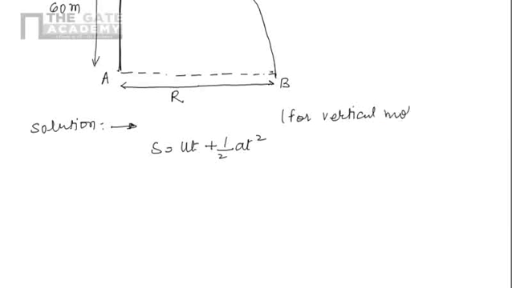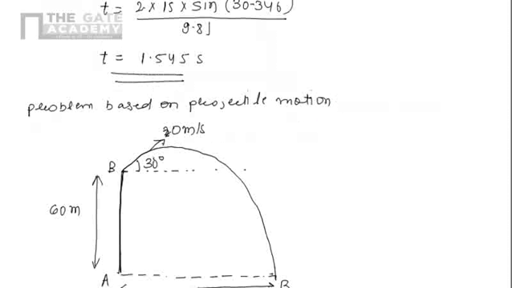For vertical motion, the initial vertical velocity u will be 20 sin 30, because the component of 20 in vertical direction will be 20 sin 30, and in horizontal direction will be 20 cos 30.